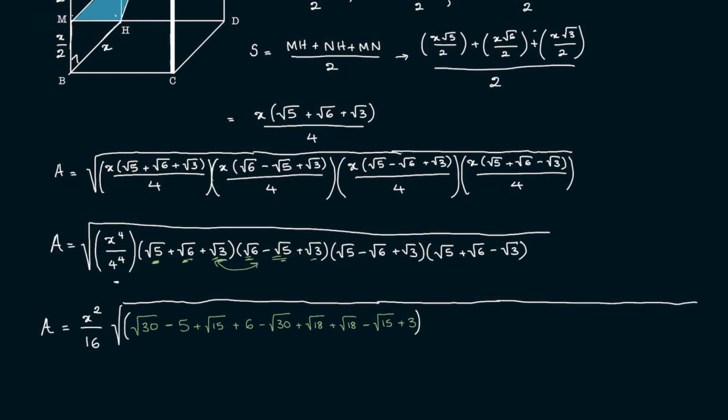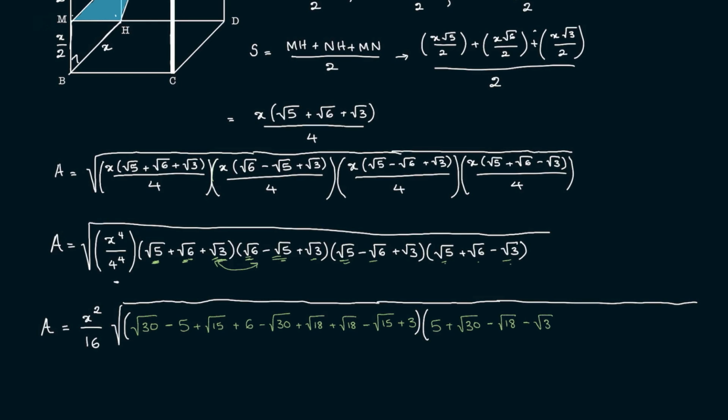Time to do the other pair. First we'll start with root 5 and multiply by each of these factors. So root 5 times root 5 is 5. Root 5 times root 6 is root 30. Root 5 times negative root 3 is negative root 18.